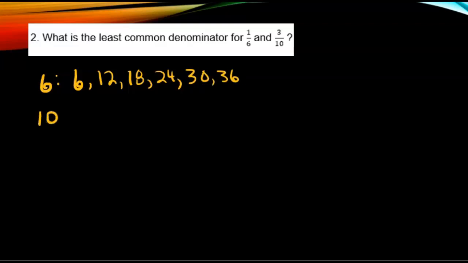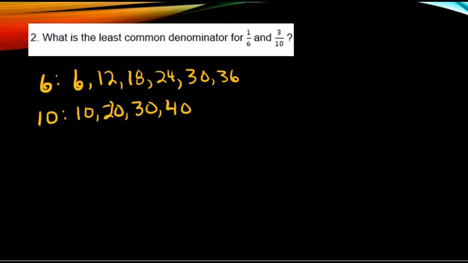Then we can look for the multiples of 10. Let's just start counting by 10s. 10, 20, 30, 40. We can stop. Now let's compare our two lists. Well, there's no 6 in both of them. There's no 12s in both of them.